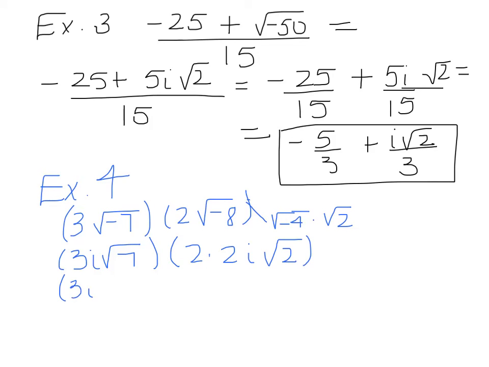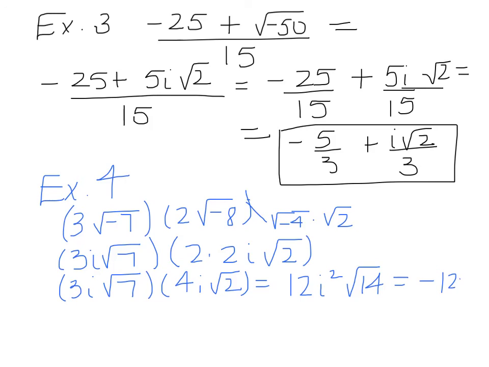So we got 3i times square root of 7 times 4i times square root of 2. So that gives me 12i squared times the square root of 14. i squared is negative 1, so that's negative 12 square root of 14. And then we're done.